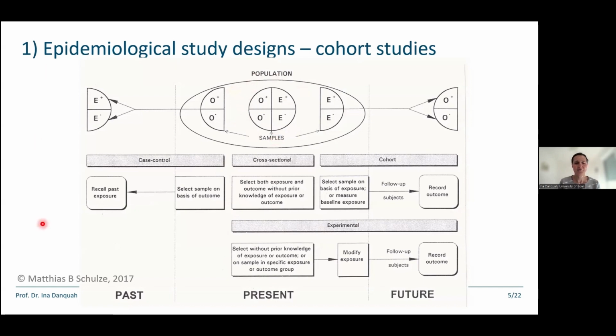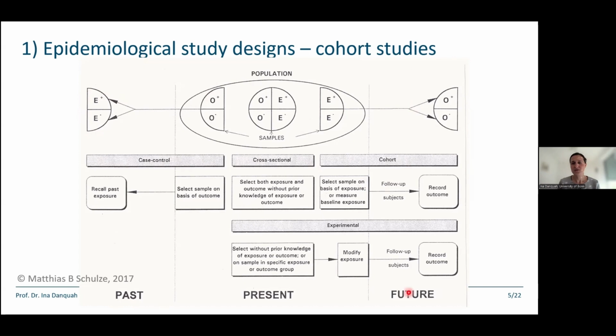Then we also have case control designs here where we start our study with the outcome assessment and then go back in time trying to identify how people with different outcomes have been possibly differently exposed in the past, and then from that generate relationships and associations.